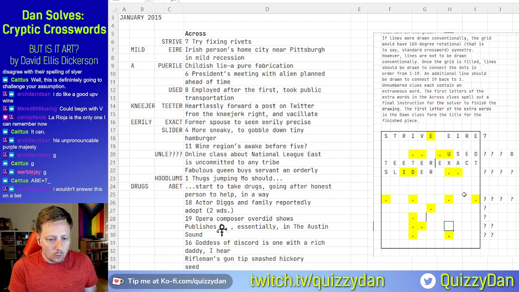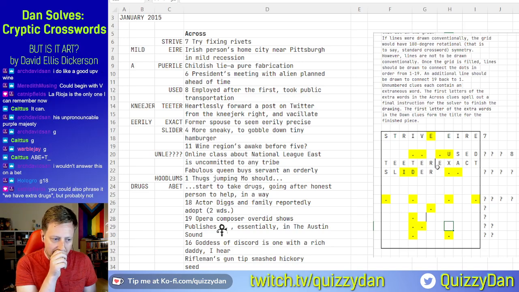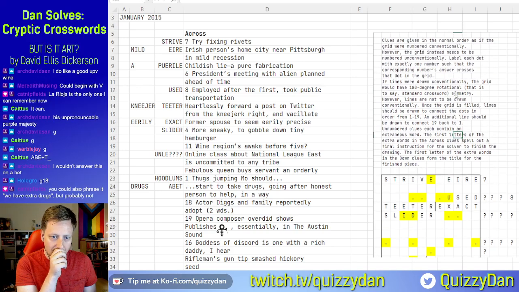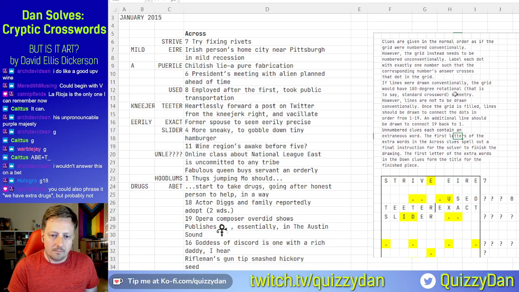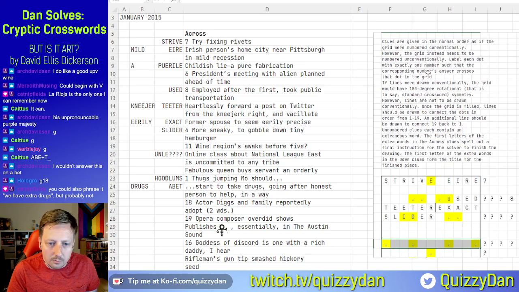So we know that you don't cross. Do we know that you don't cross anything? Because we know that if it has a number, it must touch a yellow dot. But do we know the reverse? Label each dot with exactly one number such that the corresponding number's answer crosses that dot in the grid.